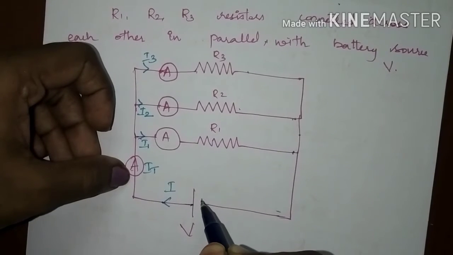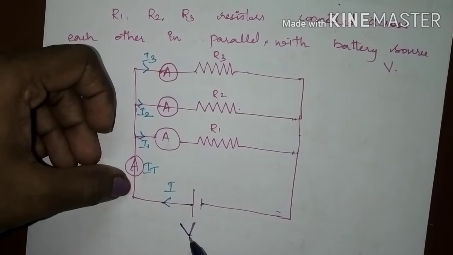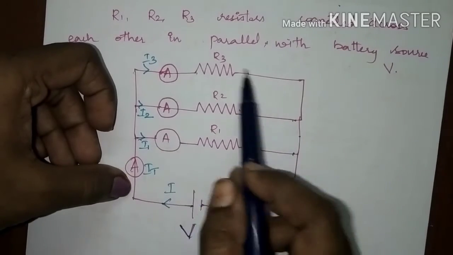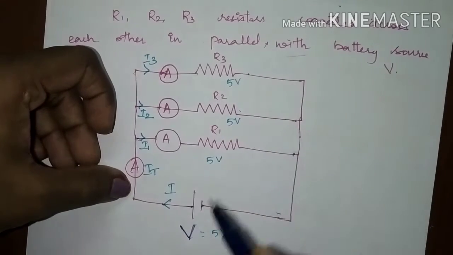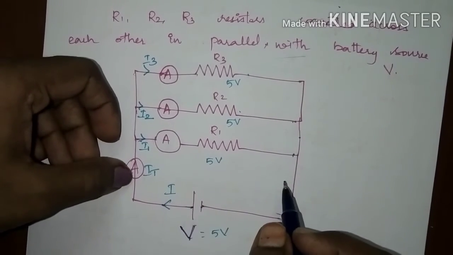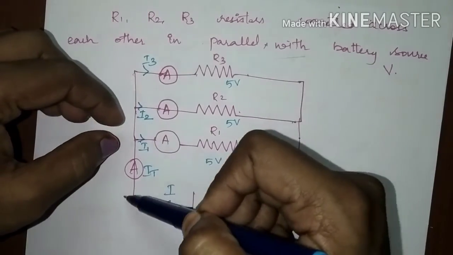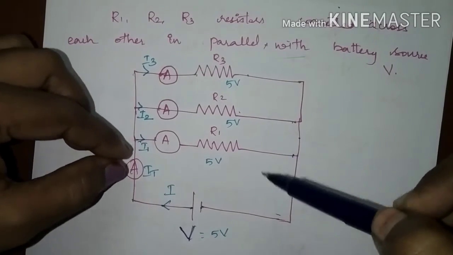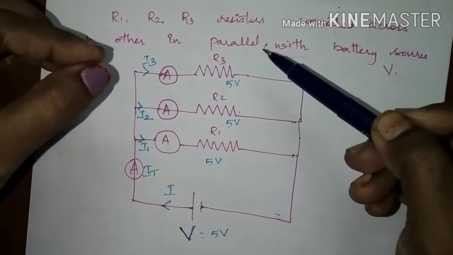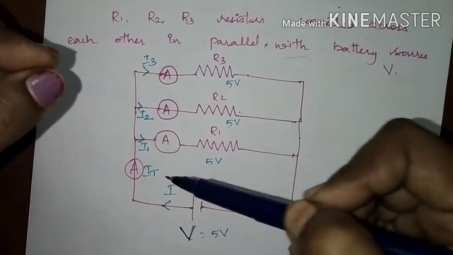If the input voltage V is 5 volts, each resistance would have a drop of 5 volts. Each resistance R1, R2, R3 will have a drop of 5 volts because each is connected to a common point. These terminals are connected to the positive terminal and the right terminals are connected to the negative terminal of the battery.